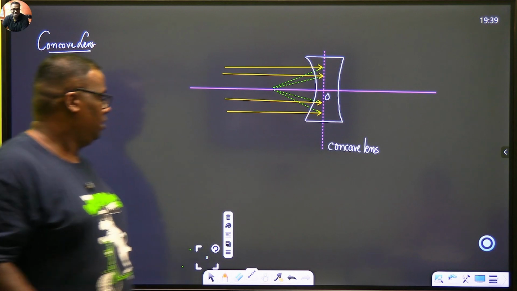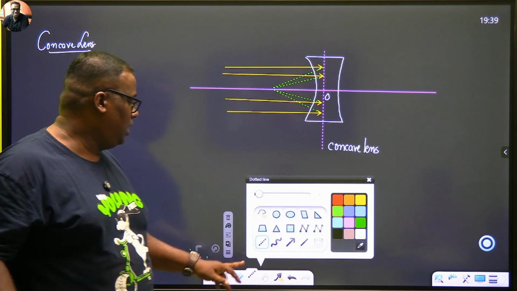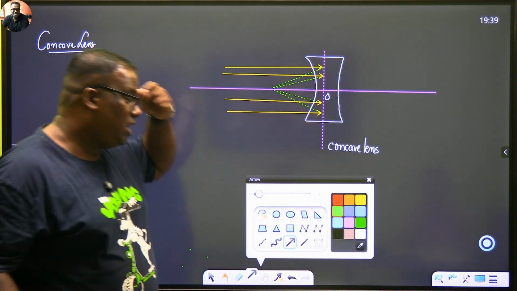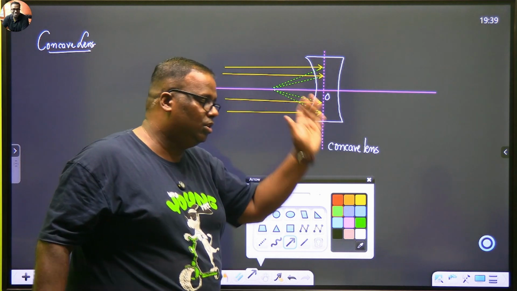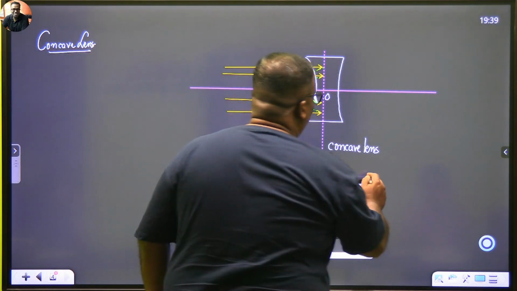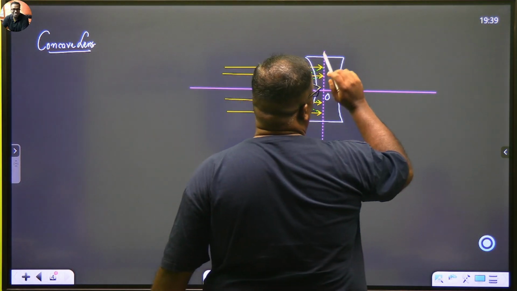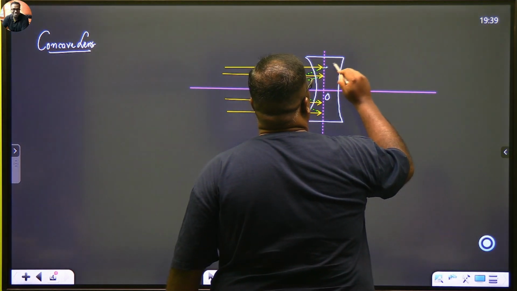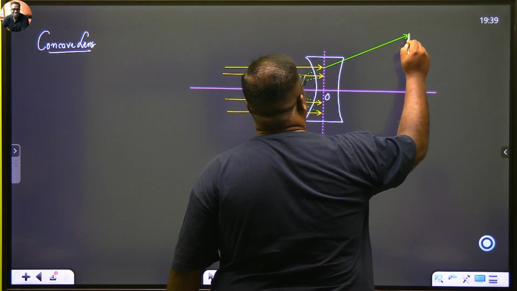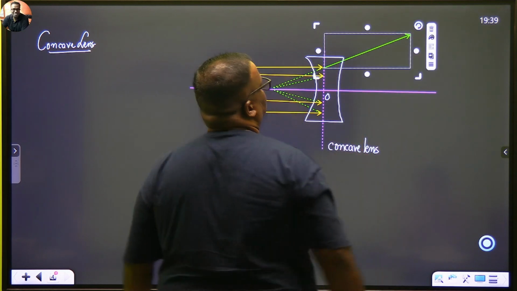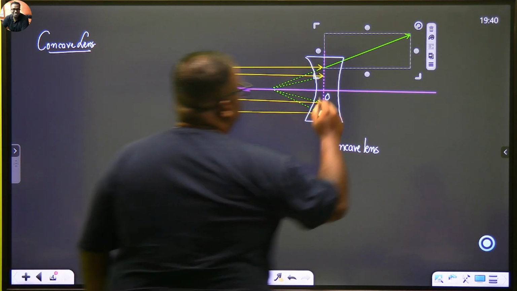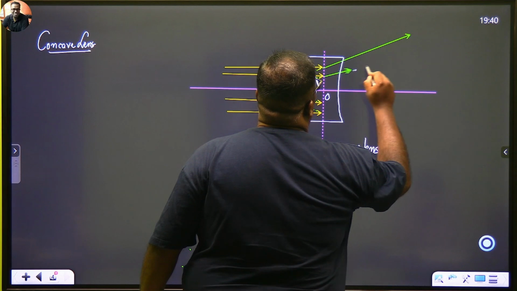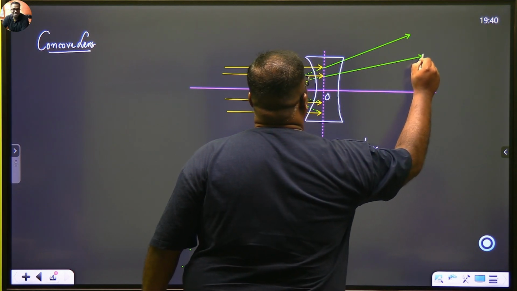Now see. The rays which were parallel to the principal axis, which came and were incident on the concave lens, will no more converge, but will get diverged out. Now I am drawing the first refracted ray. My first refracted ray will diverge out this way. Got it? My second refracted ray will diverge out in this manner.